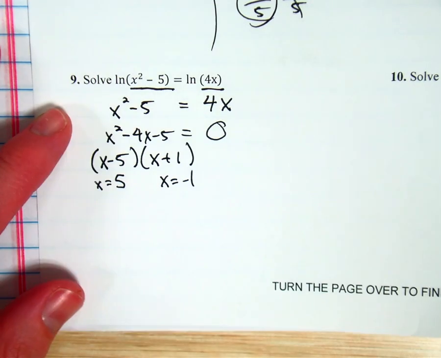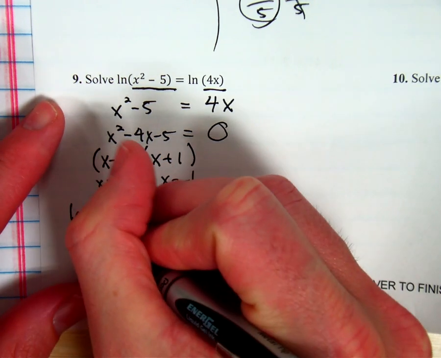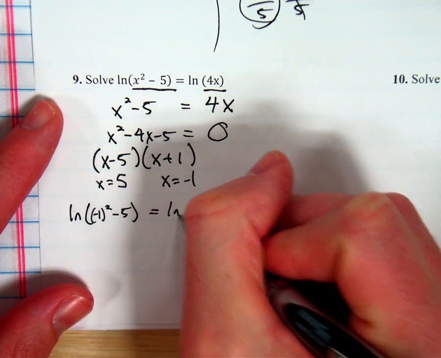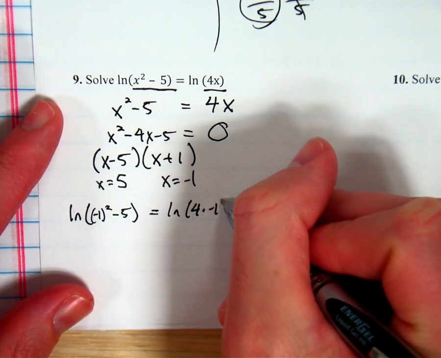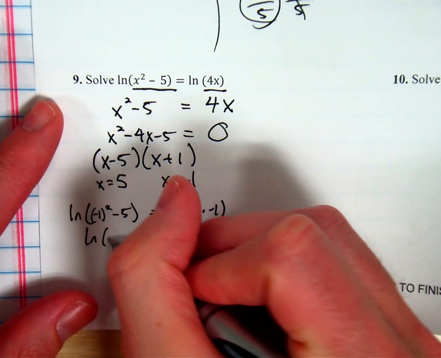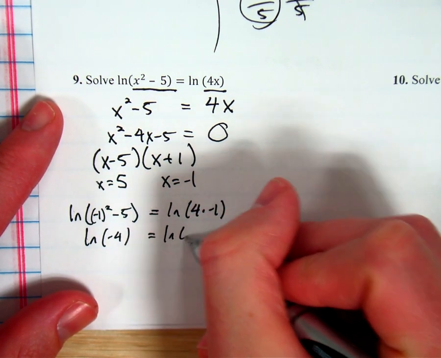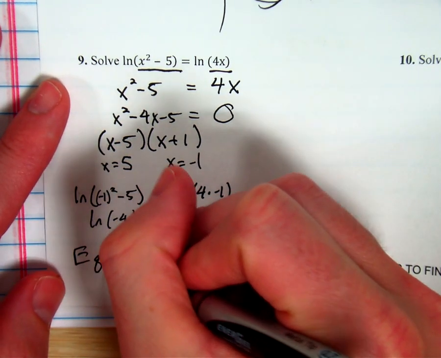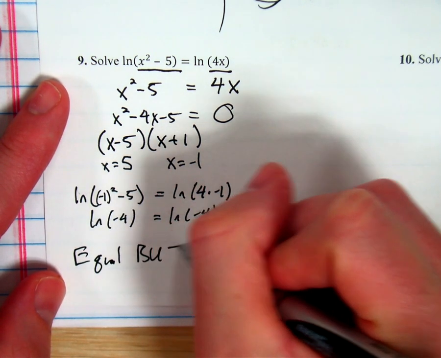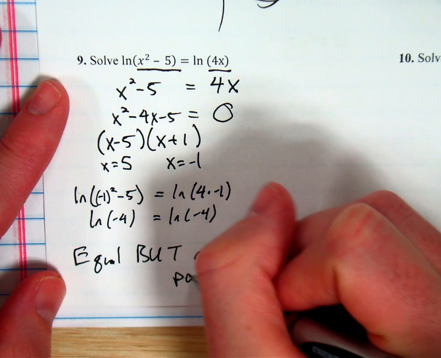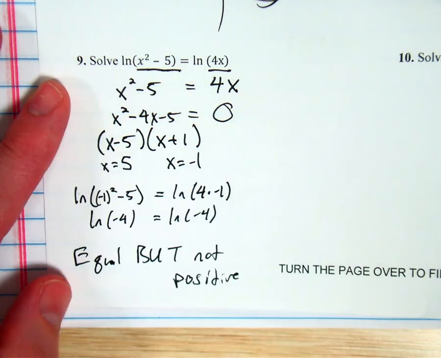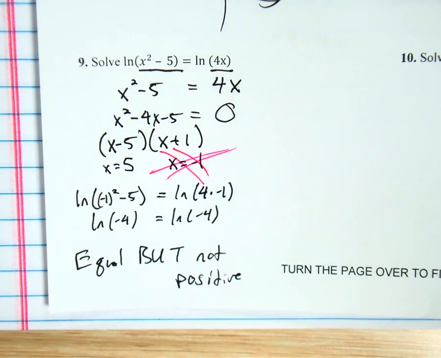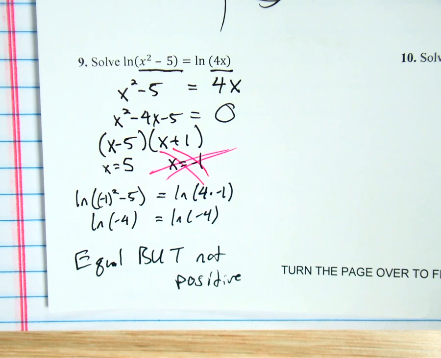So in order to say it's not going to work, you got to show me it's not going to work. That's negative 4 and that's negative 4. They're equal, but not positive. So that one is a no. We're only going to use 5.